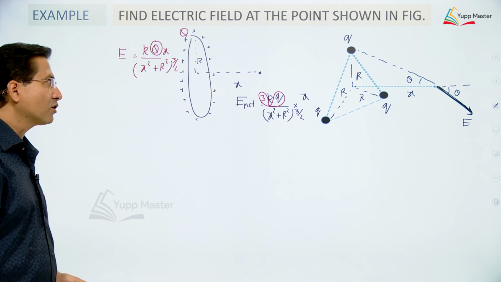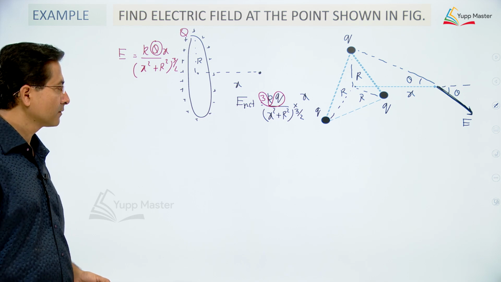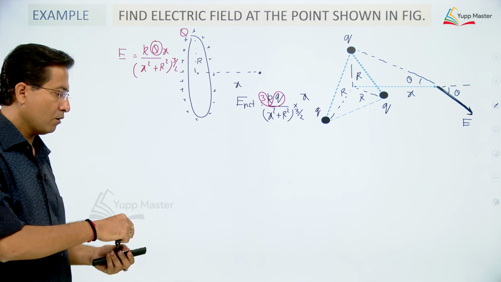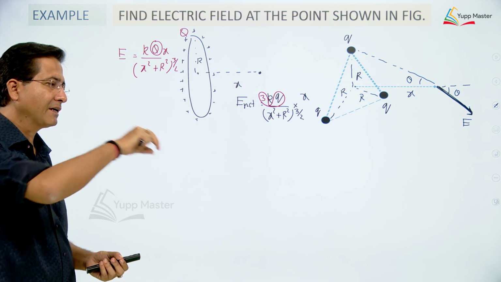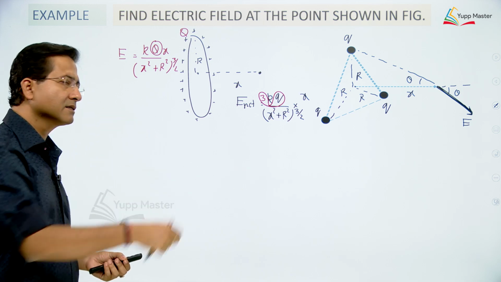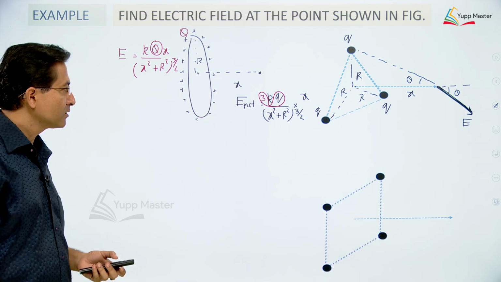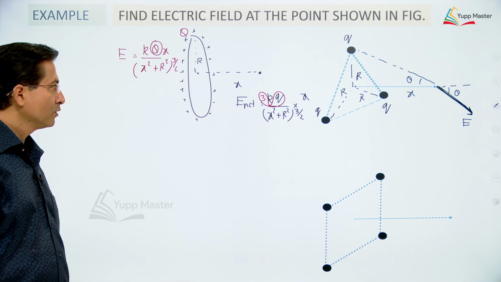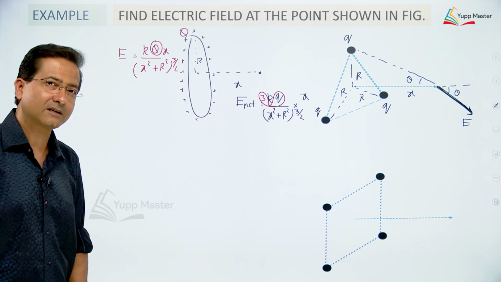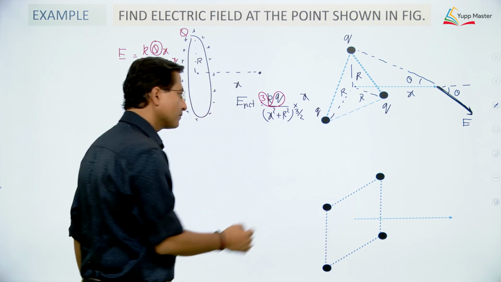For example, instead of 3 charged particles, if I have 4 charged particles on the vertices of a square, if I keep 4 charged particles and I ask what is the field at distance x from the center of the square, see this one. So, now with this logic I can directly write the result. What is the total charge?